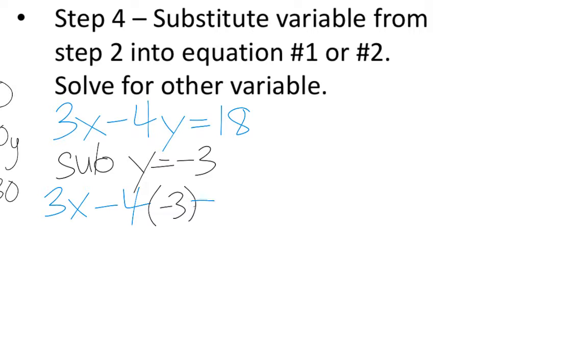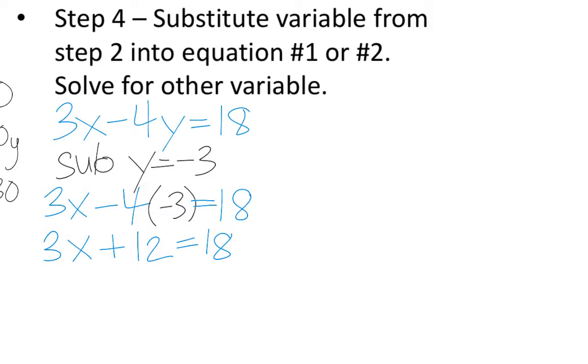Okay, and everything else stays the same. The 3x stays the same, but now let's multiply negative 4 and negative 3. Negative 4 times negative 3 is positive 12, because when you multiply two negative numbers, you get a positive, and everything else stays the same.